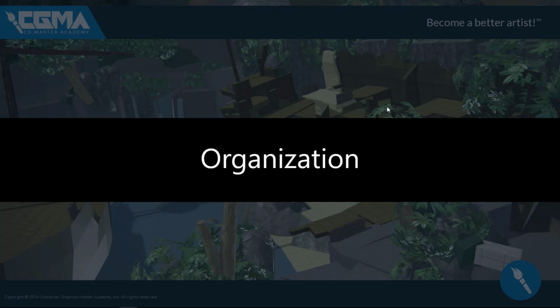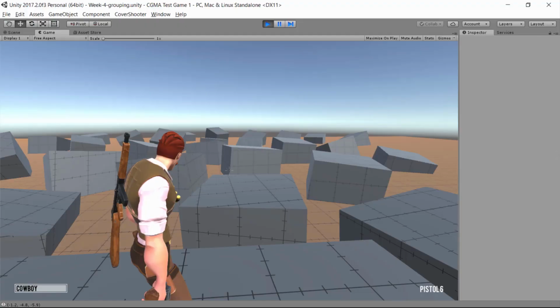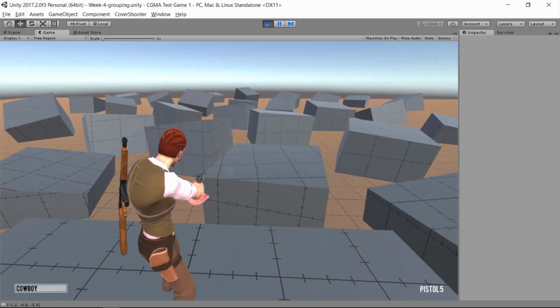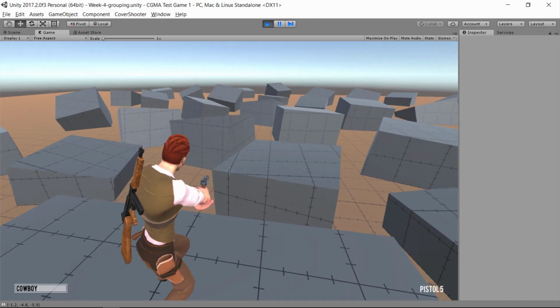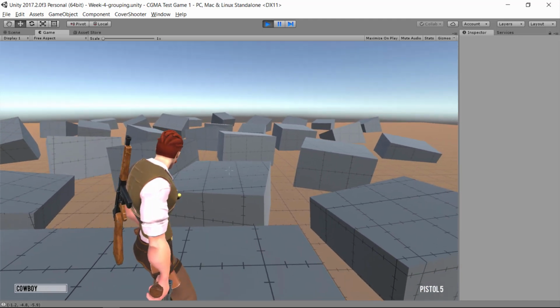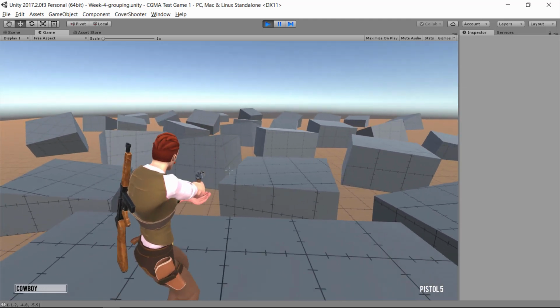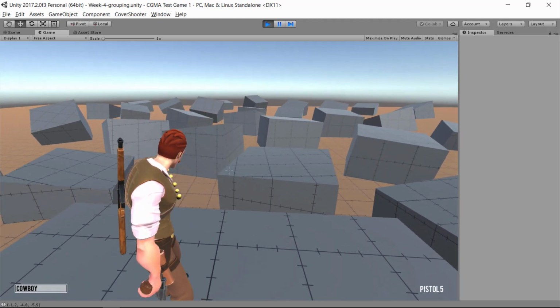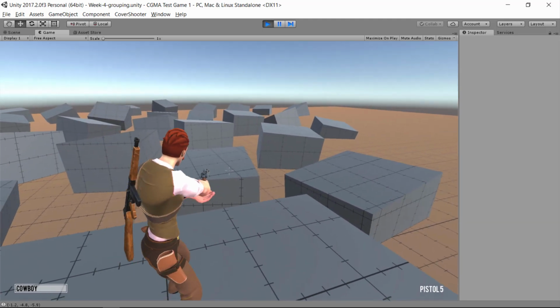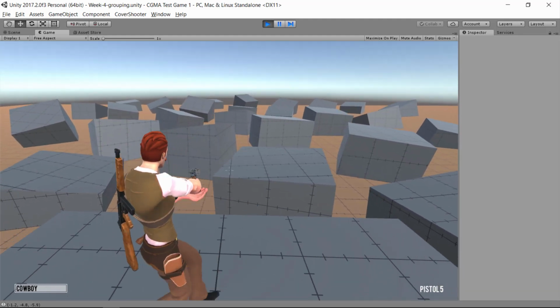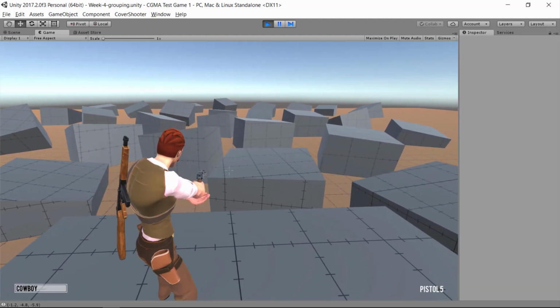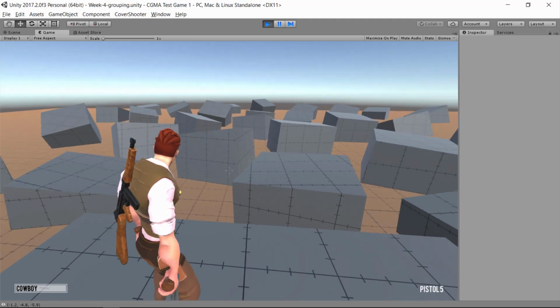So when we took a look at the example I made in Unity of this badly composed scene, I pointed out the fact that there is no focal point that we're looking at, nothing to direct our attention. But also, all of these objects are exactly the same, and so none of them really have identity of their own.